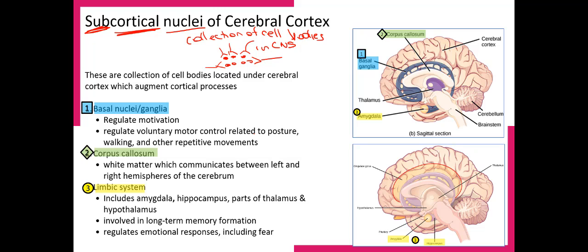So the corpus callosum are bands of white matter which communicate between the left and right hemispheres of the cerebrum. And then you've got the limbic system. So the limbic system is involved in regulating emotional responses, including fear, and the limbic system is also involved in the formation of long-term memory.